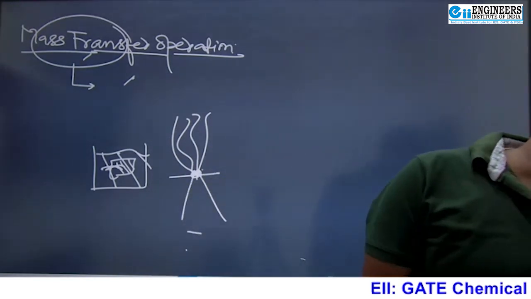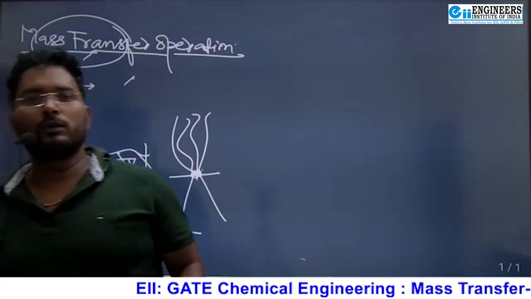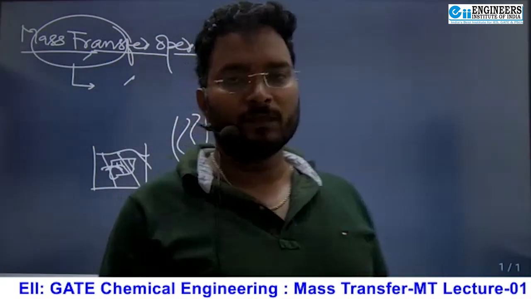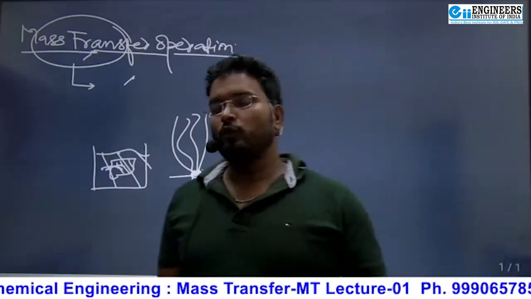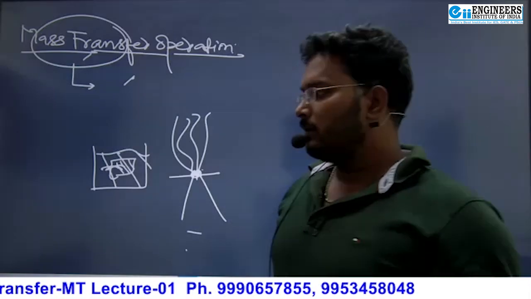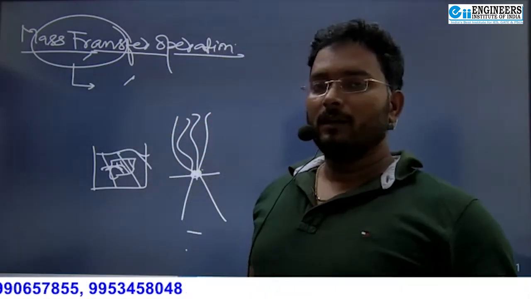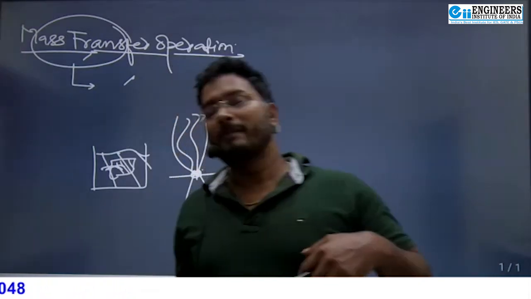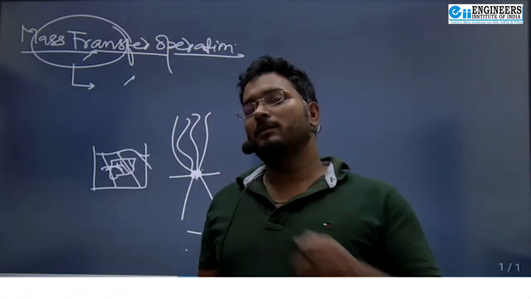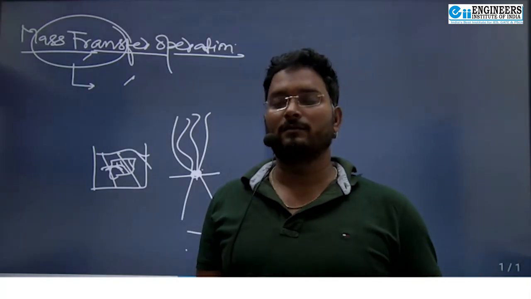Now another industry example of mass transfer is the stripping of gas from wastewater. Suppose you have wastewater and you want to remove certain impurities from it, which is called stripping. Then you have to contact the wastewater with a gaseous stream, called the solvent, and that gas must have the ability to absorb the solute that has to be transferred from the liquid wastewater.